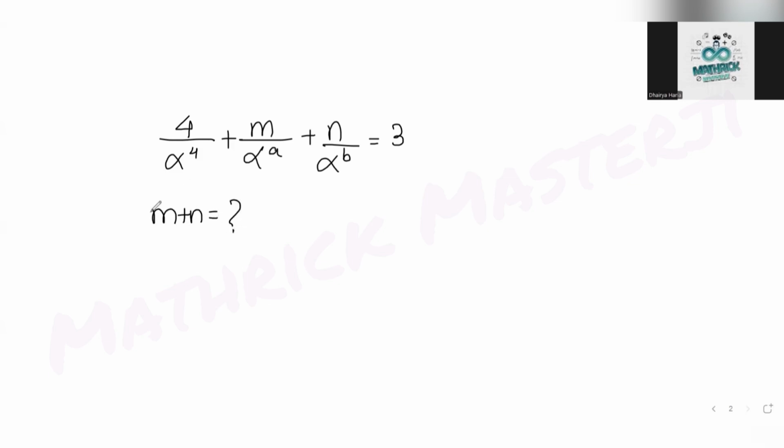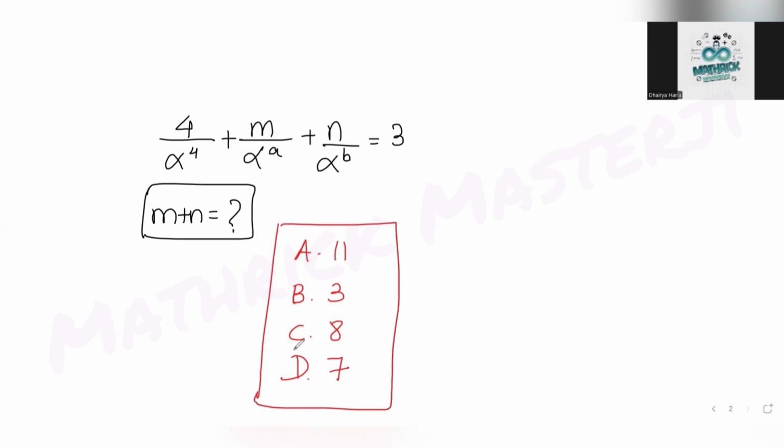That's the question asked to us. The answer choices are 11, 3, 8, 7. We need to figure out which one is correct. Let's try to figure out how to solve this question.